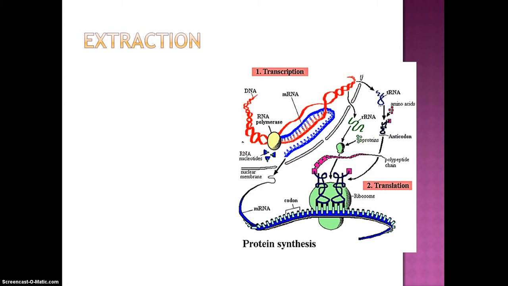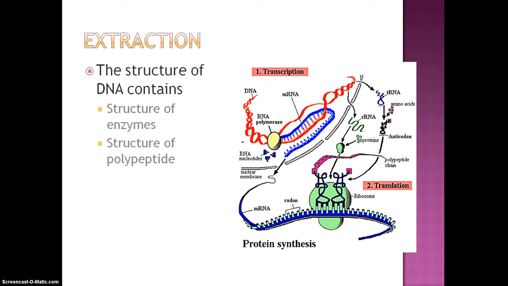All right, so if we have this information encoded in our DNA, we have to go through the process of how it is extracted, okay? Now, I've said this several times. The structure of DNA contains information. It allows the living organism to store information. That's its function, and its structure allows it to do that.